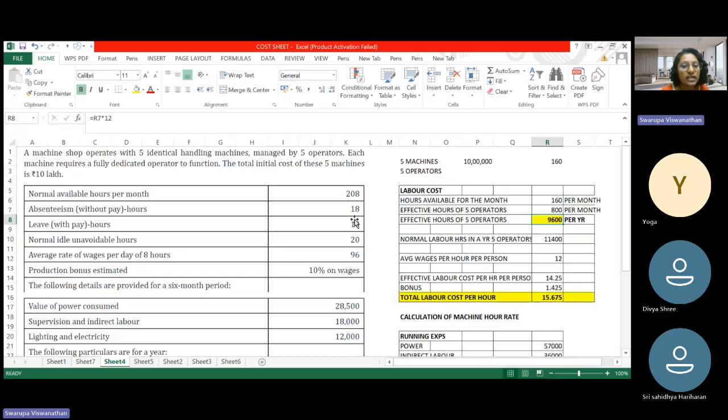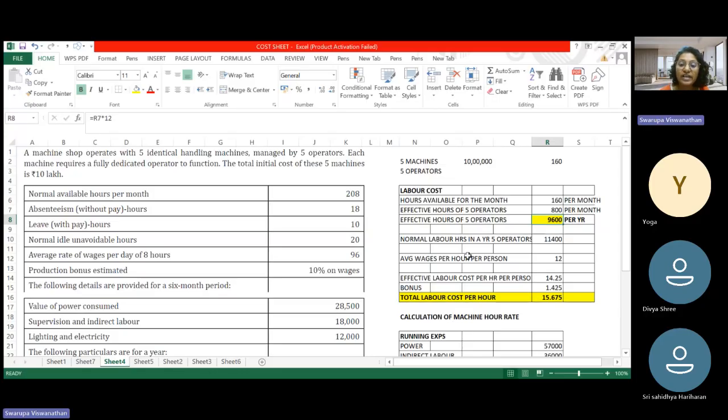This is the main changing factor. They have leave with pay 10 hours in a month. So 5 people means 50 hours. In a year, 50 into 12. For that many hours, we are making payment, but there is no production. The machine is not operating during those hours.